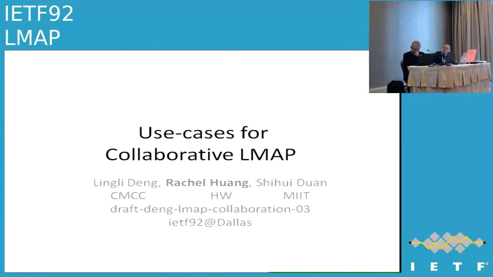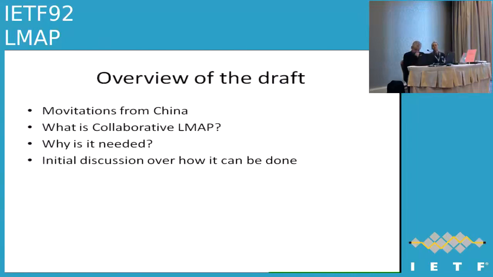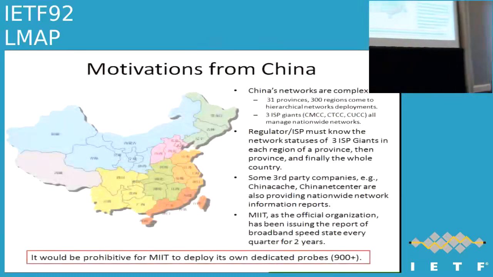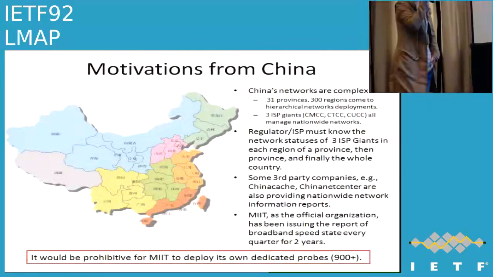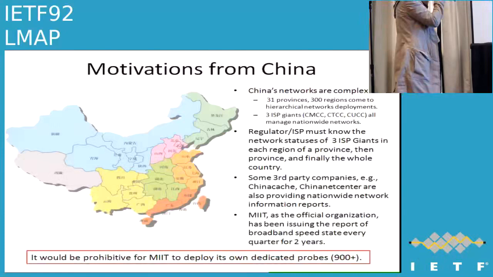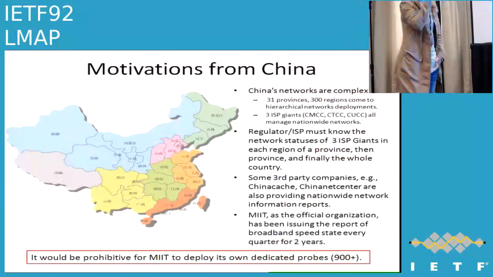The motivations from China. Why we need the collaborative Lmap. As we know, China is a very big country. It has 31 provinces and more than 3 regions, which results in a very complex hierarchical network deployment.